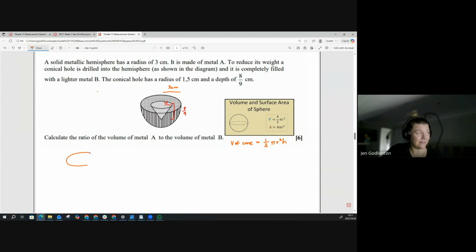I would work out the volume of our hemisphere, which has a radius of 3. Then I would work out the volume of the cone inside. We know the height and the radius of the cone.